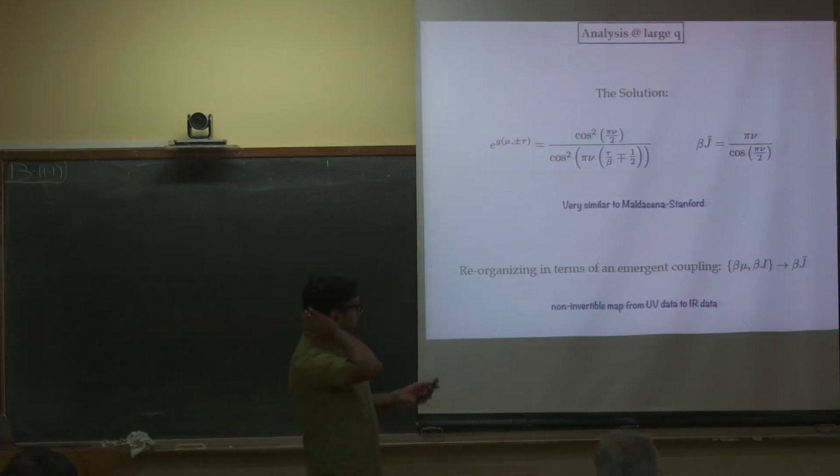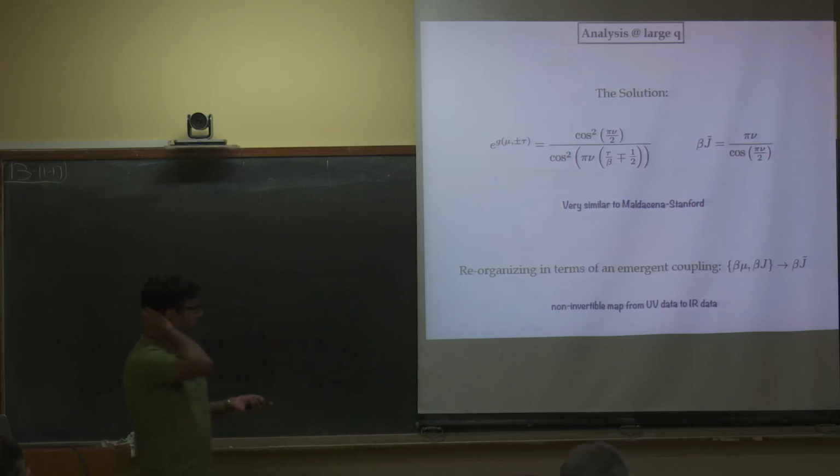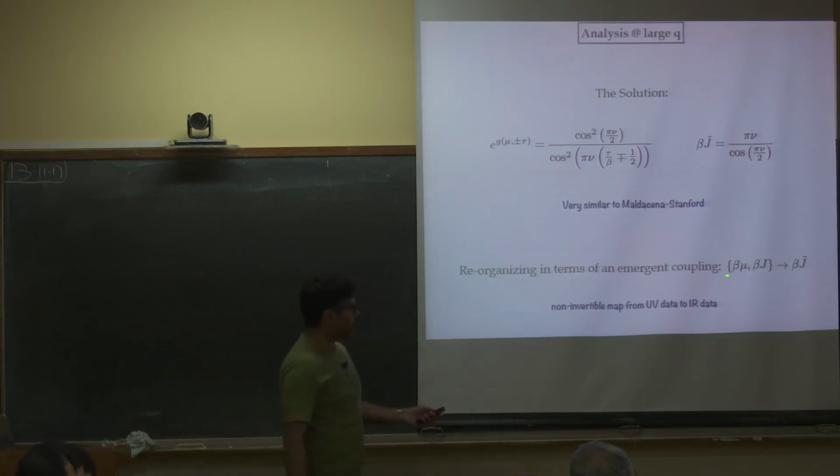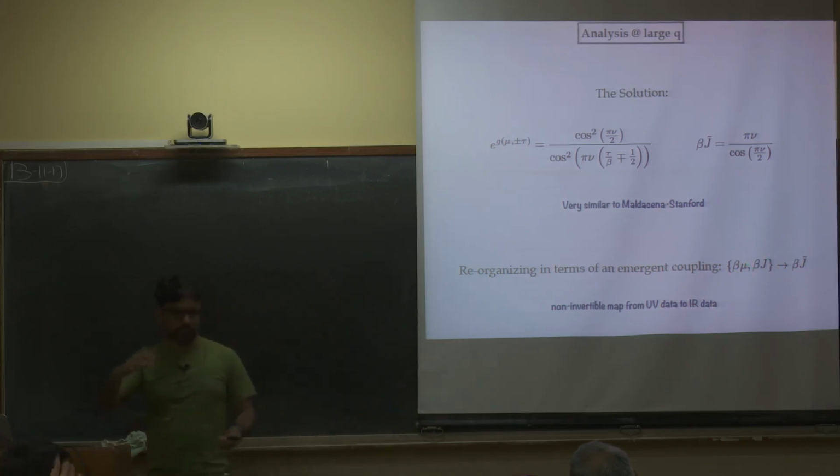So what I already said is that this whole dynamic at large Q reorganizes in terms of an emergent coupling, which is this beta J tilde. If I start with a Hamiltonian in which I have a beta mu and a beta J, these are the two free parameters at the UV.